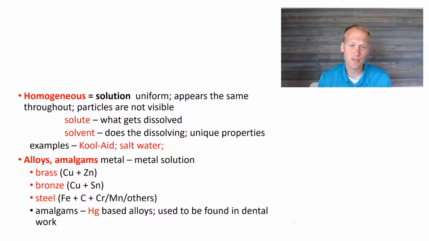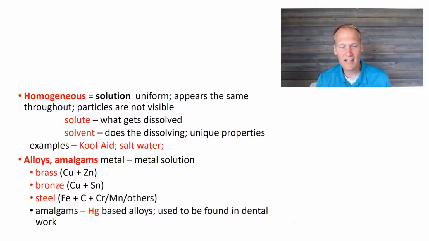Other types of homogeneous solutions would be alloys and amalgams. An alloy is when we take different types of metals because of their different properties, and we heat them up, melt them down, and then the metals evenly distribute in solution, and then we re-solidify them, and you get an alloy.